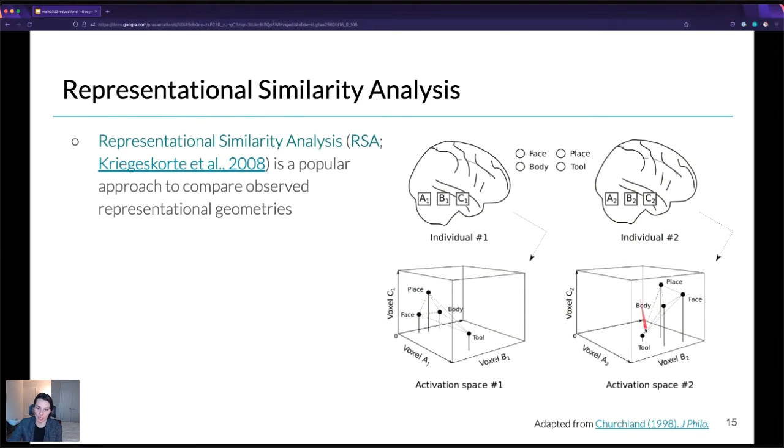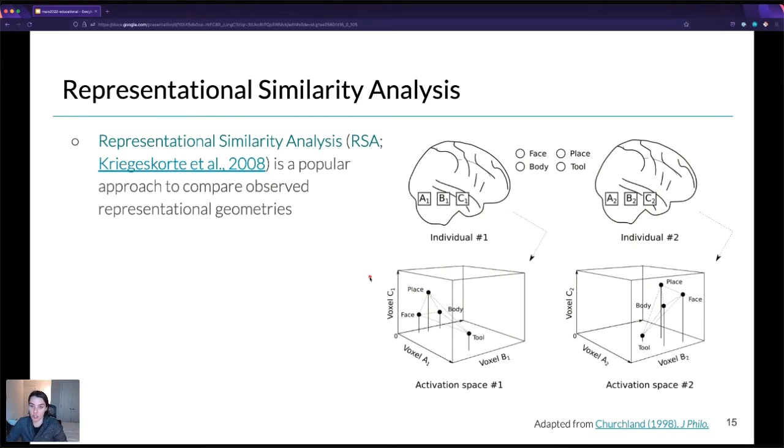And then rather than trying to make direct comparisons voxel to voxel, we're going to compare the distances between the different stimuli within these two activational spaces. So the distances are calculated within each activational space, and then the difference is compared across. And that allows us to derive a number, which we use to express the similarity, right?